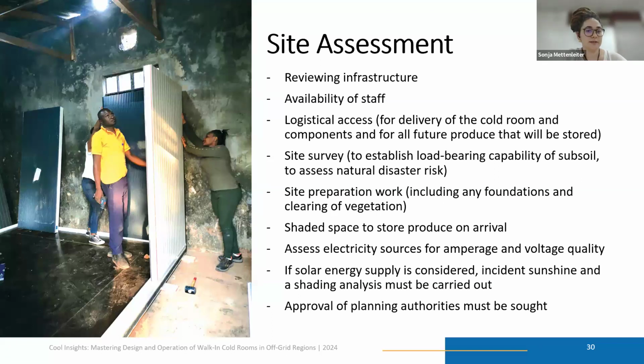How is the logistical access? Number one, of course, for the delivery of the components, but then also for the delivery of the produce that needs to be stored. Because if the location is very difficult to access and might even not be accessible, for example, during rainy season, that site might not be the best to put your cold room to make a viable business.